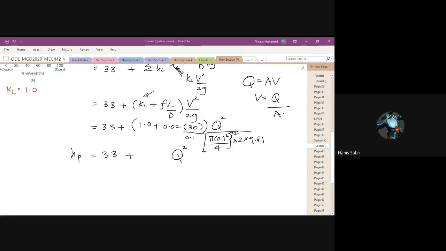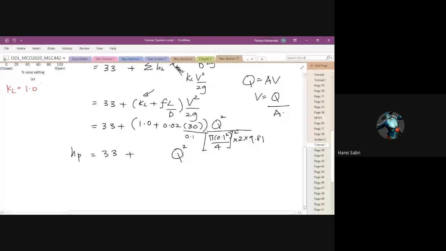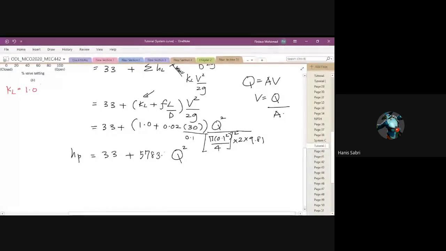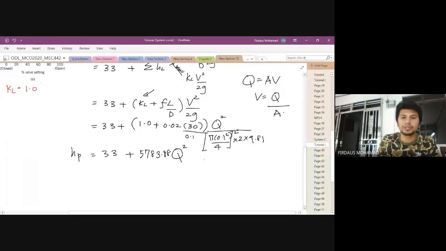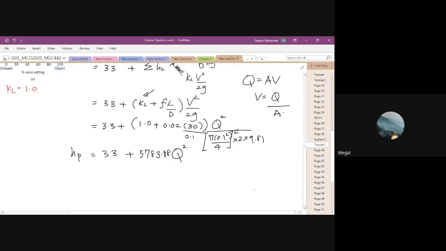So, 5783.88. Lima tujuh lapan tiga poin lapan lapan, Q square. Okay. So semua dapat ni? Dapat. Okay.